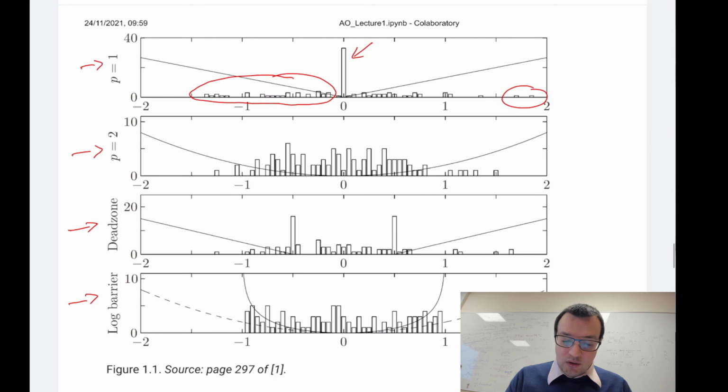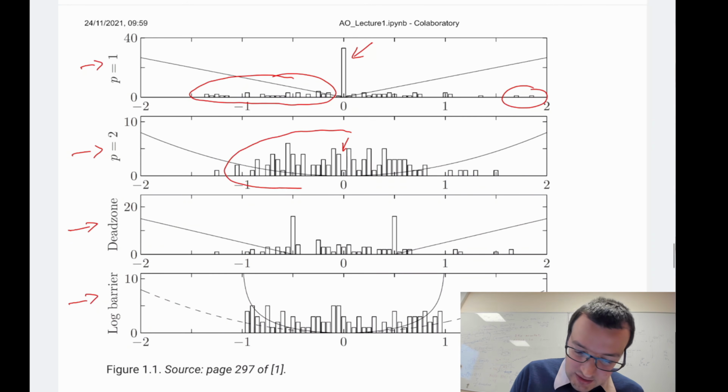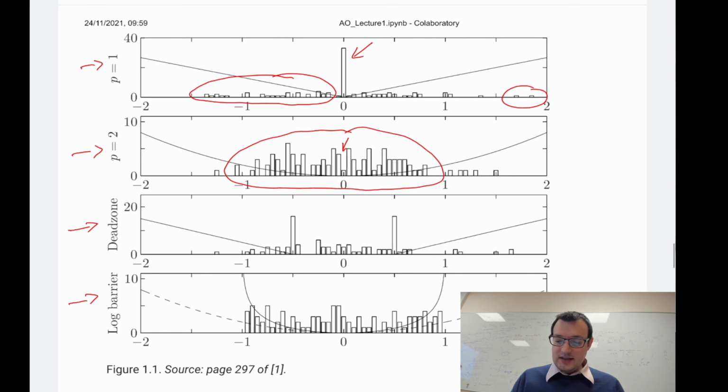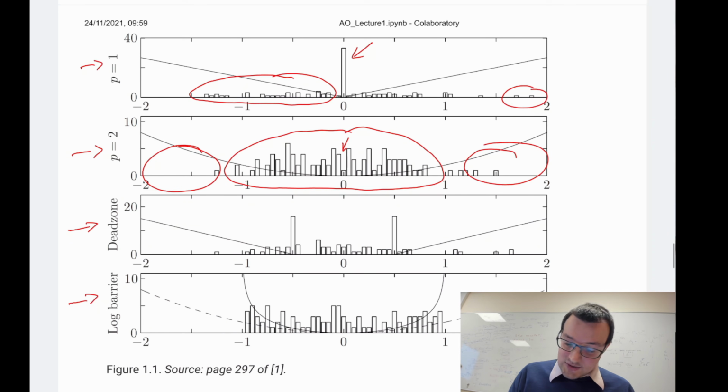For the L2 norm, what we see is that you don't have residuals which are 0. I mean, you have some, but not many. And then you have a concentration of residuals around 0, and very few residuals which are large, okay? For the dead zone, we see that there is a concentration of residuals at the point where the dead zone ends.